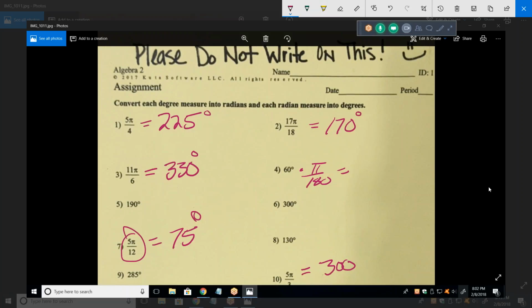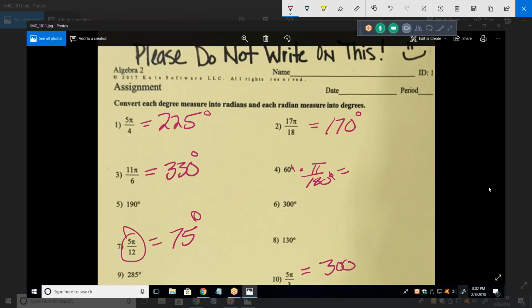So if it was pi over 180 times 60, the degrees cancel because there's a degree there. So the units cancel, and you're going to end up with your answer in radians.